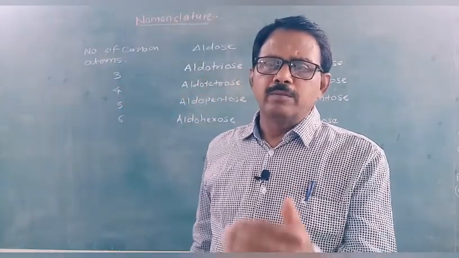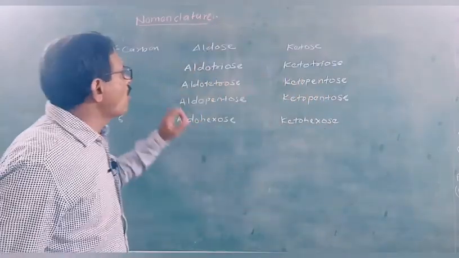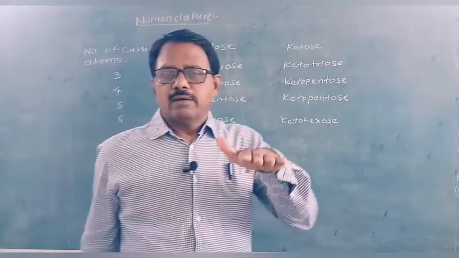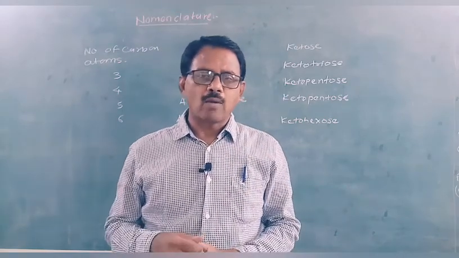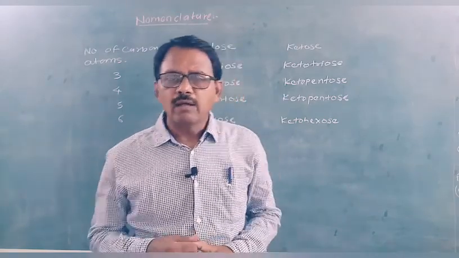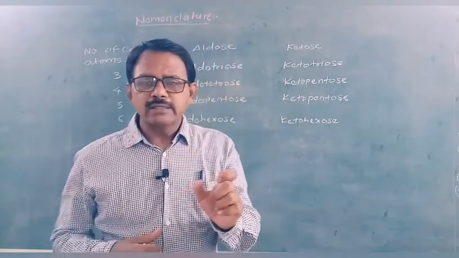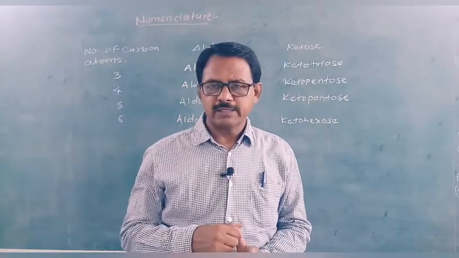And in the previous lecture, we started carbohydrates. We have completed the definition of carbohydrates and then the classification of carbohydrates. That much part we have already studied in the last lecture. Now, polyhydroxyaldehydes or polyhydroxyketones are known as carbohydrates.